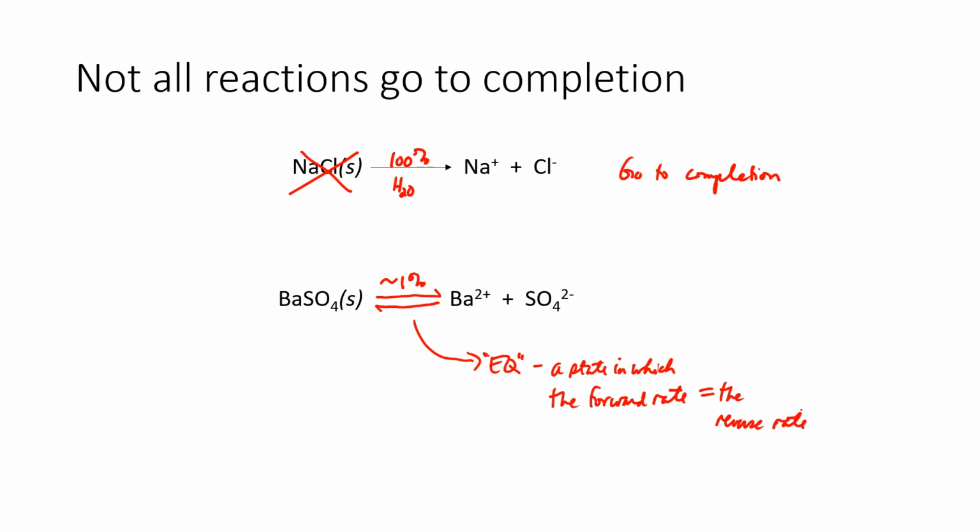Now, what do I mean by the reverse rate? I'm talking about this reaction going in the reverse direction, so barium and sulfate recombining to form barium sulfate. So rather than going to completion, here is a case where we have an equilibrium.